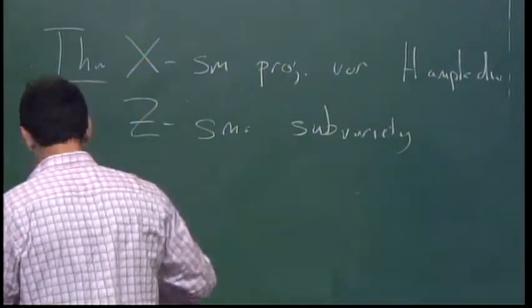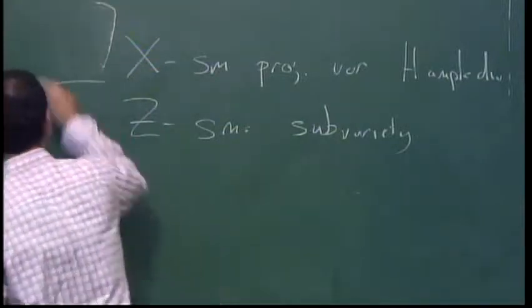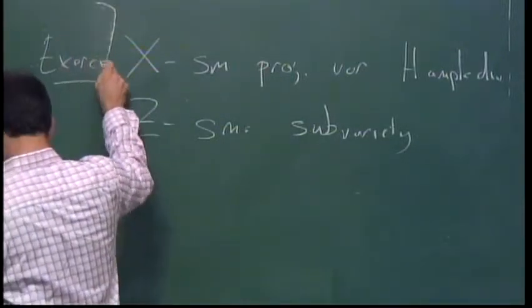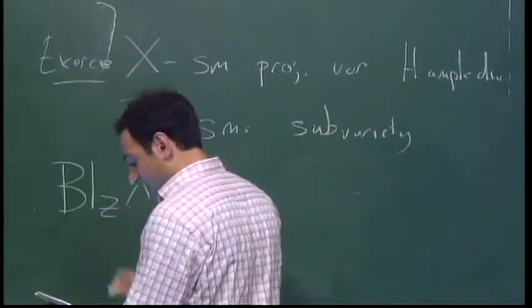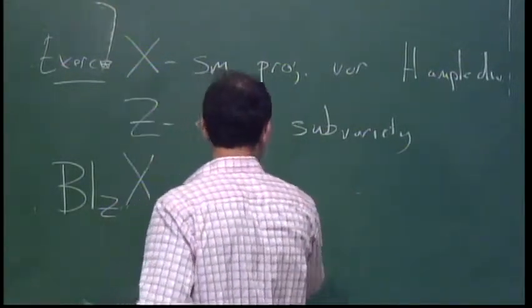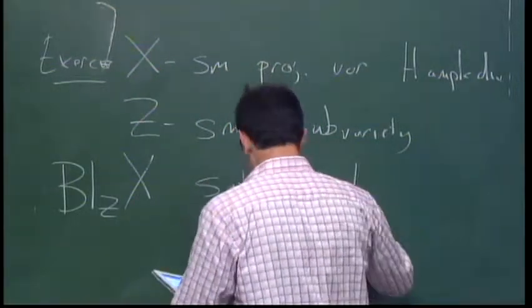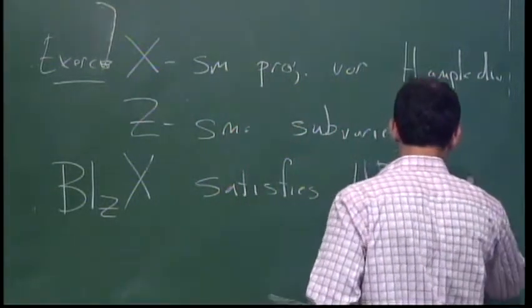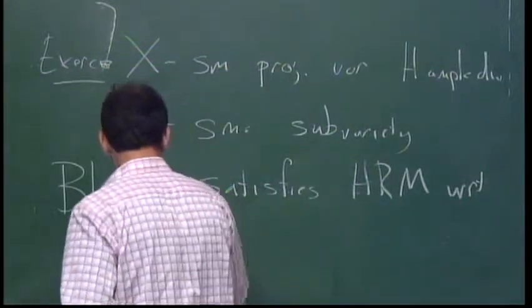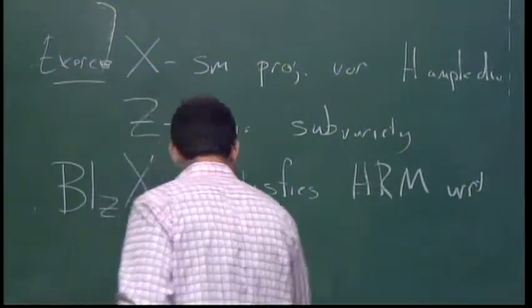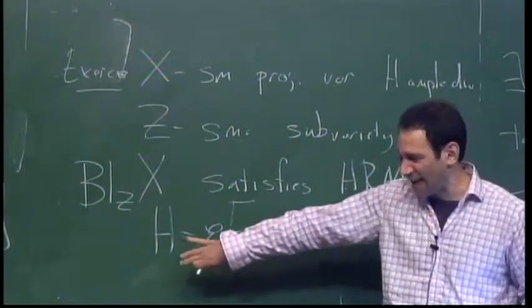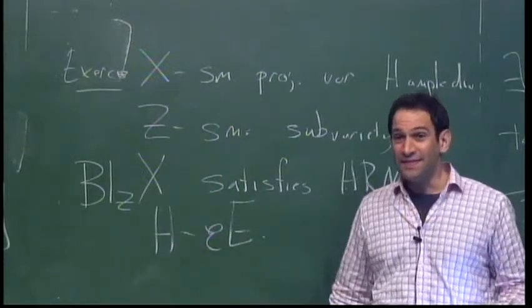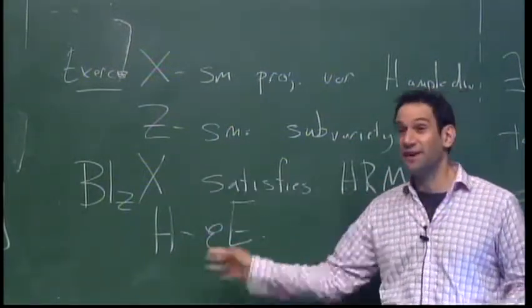Show, actually maybe I'll make this an exercise. Show the blow-up of X at the center Z satisfies Hodge-Riemann-Minkowski with respect to H minus a tiny bit of the exceptional divisor. Because this is the obvious candidate ample class on a blow-up. And prove this using just linear algebra.